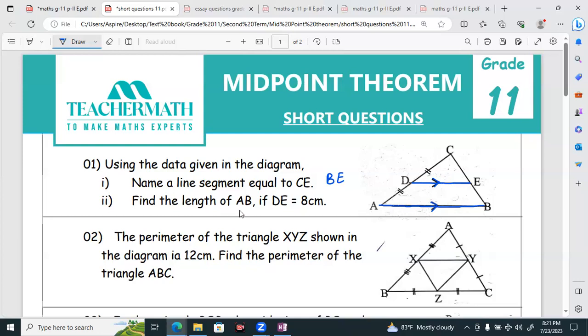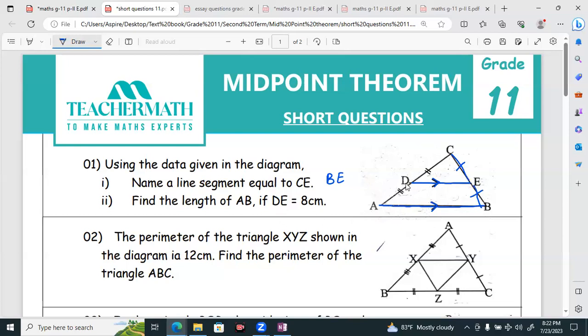Find the length of AB if DE equals 8 centimeters. Then how do we find it? After we identify that CE equals BE, what happened?